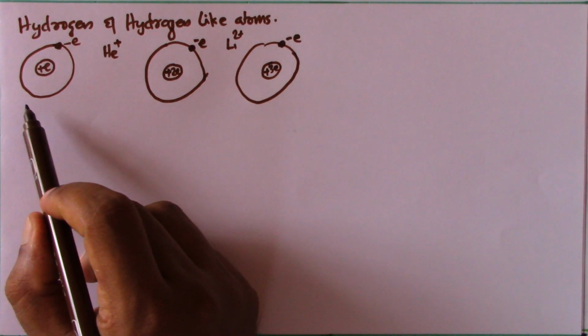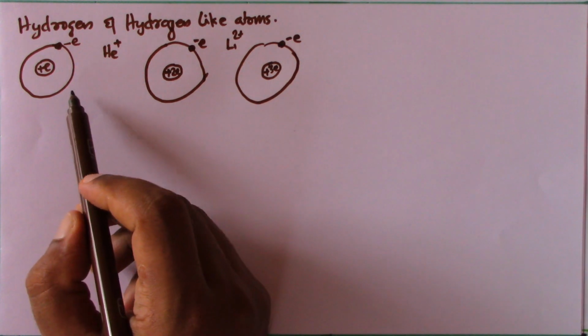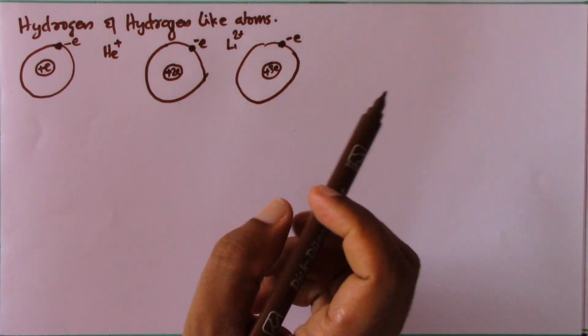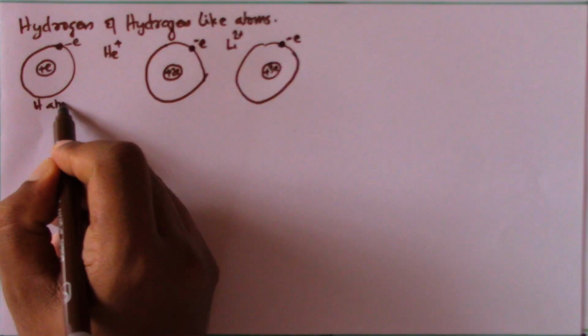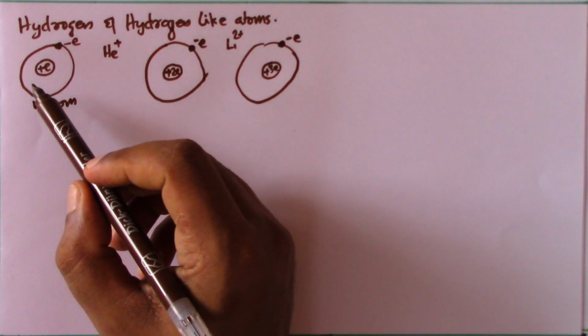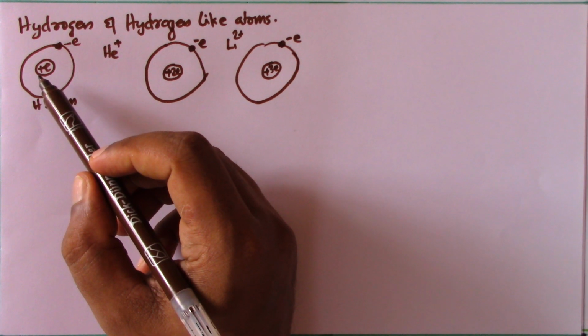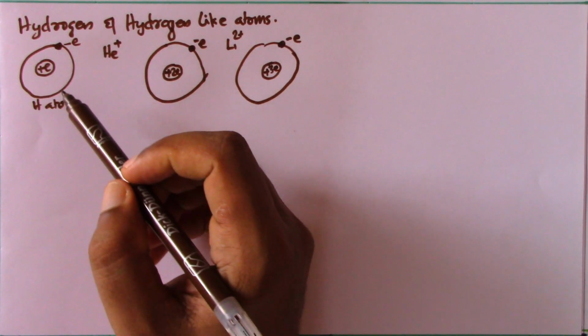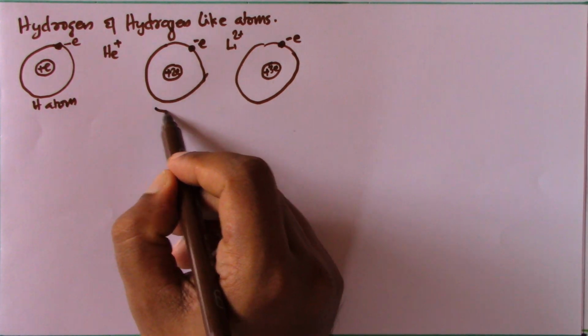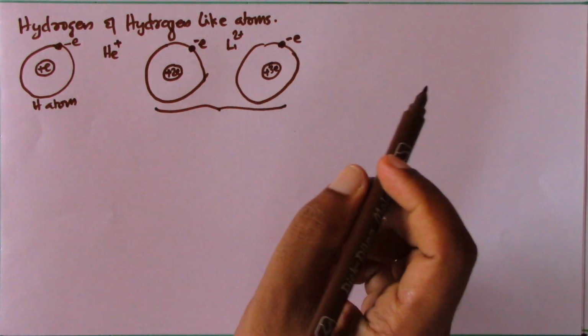See, all these systems are two-particle systems. Here, if it is a hydrogen atom itself, it's a two-particle system of a nucleus of plus e charge and an electron around it. And these are hydrogen-like atoms.